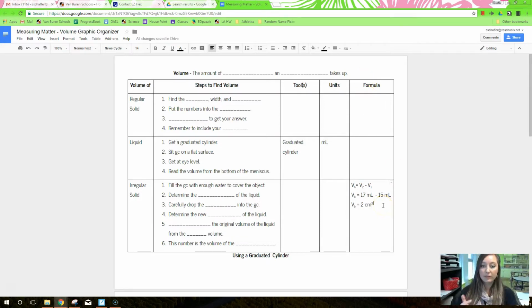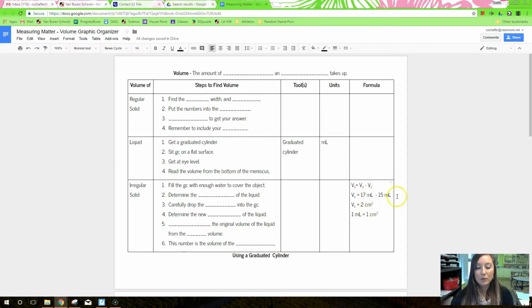Why we can flip-flop our units like this is because of our conversion factor. I know that you guys have been converting units with Mrs. Signs, and this conversion factor is super easy. 1 milliliter is the same as 1 centimeter cubed. So we can use milliliters and centimeters cubed interchangeably because it's a 1-to-1 ratio.